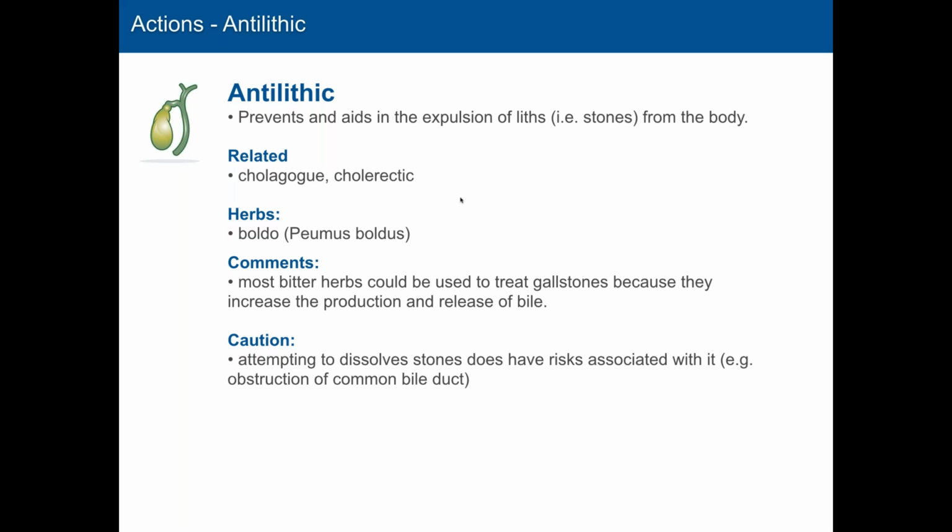So I know that herbs like dandelion, chicory, gentian, boldo, artichoke, all these herbs have antilytic actions. One of the main antilytic herbs that people have heard about in herbal medicine is boldo. It's a great herb, and I've used it to treat gallstones and it's been effective, but any of those other bitter herbs would potentially have that effect as well.